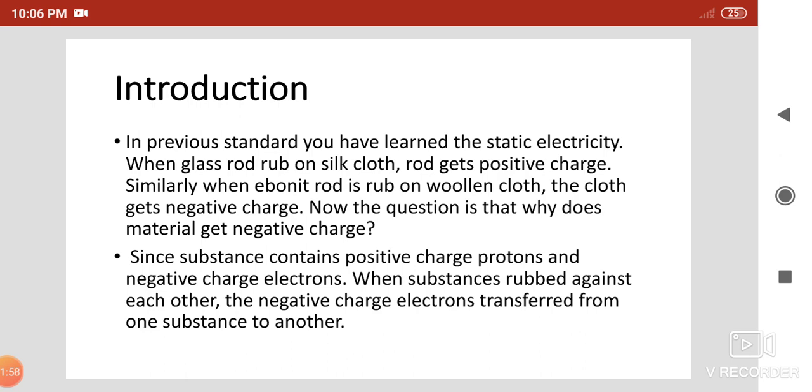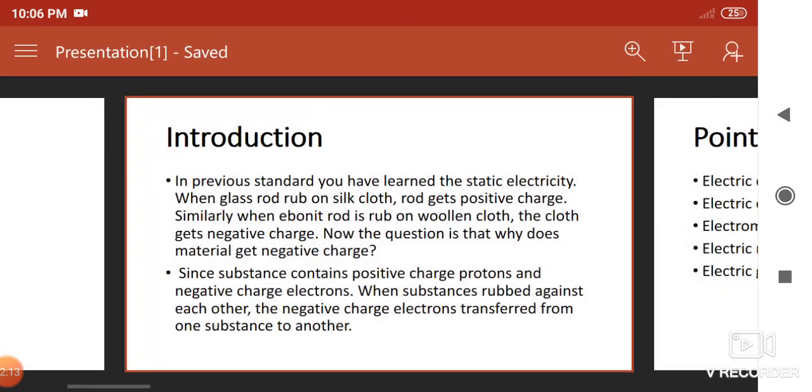Now, after studying static electricity in the previous standard, you also learned about electric current, potential difference and Ohm's law in the ninth standard. Today we are going to revise these three topics.